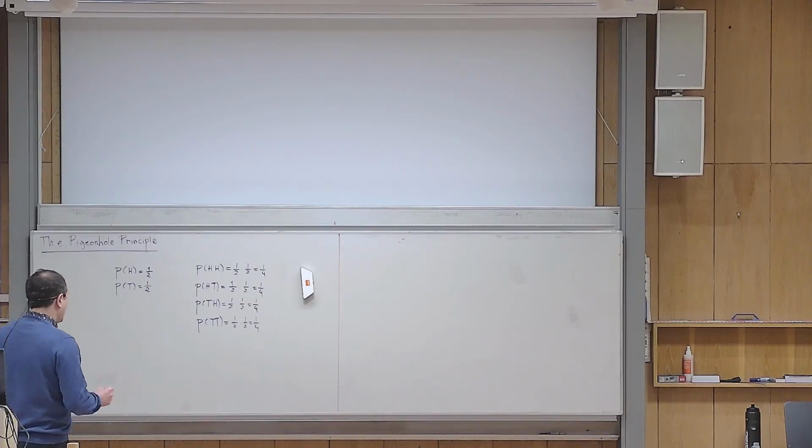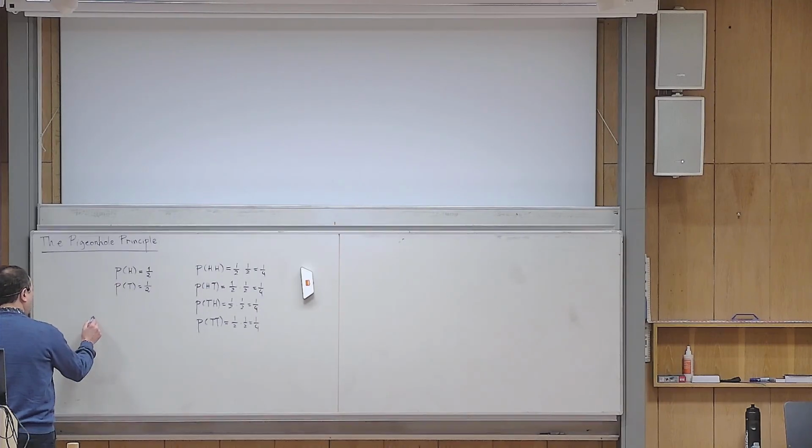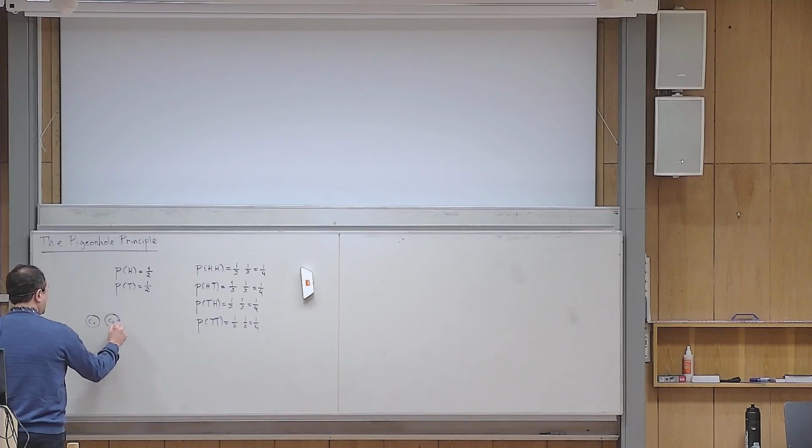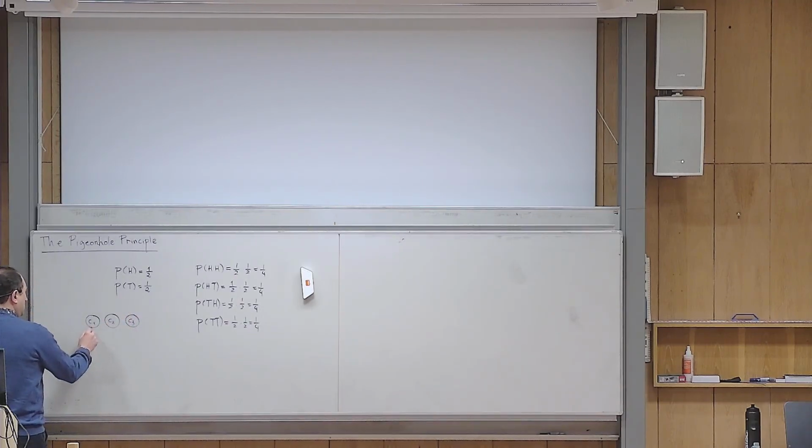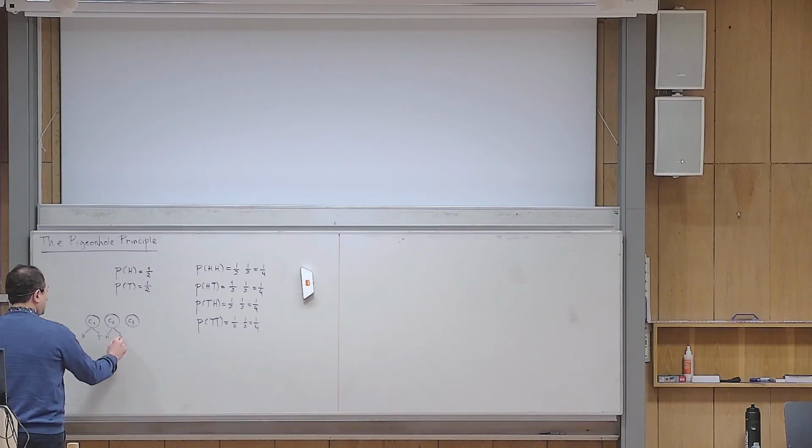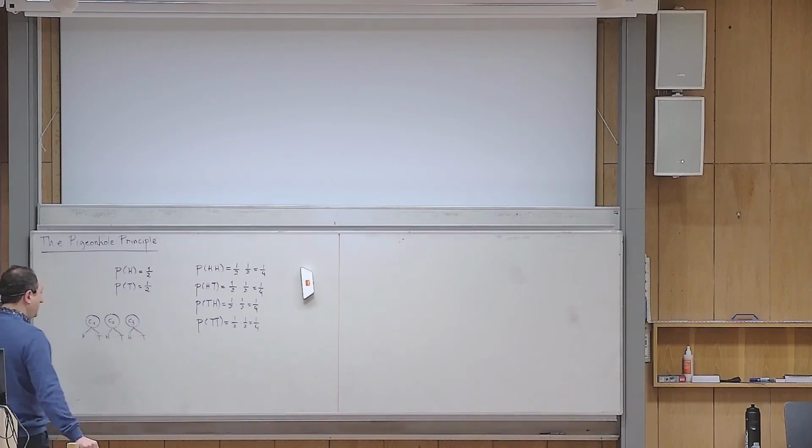So I have 3 coins, coin 1, coin 2, and coin 3. Each has the possibility to be heads or tails. Now, I toss all of them. My question is, what is the probability of exactly 2 of them turning out to be heads?